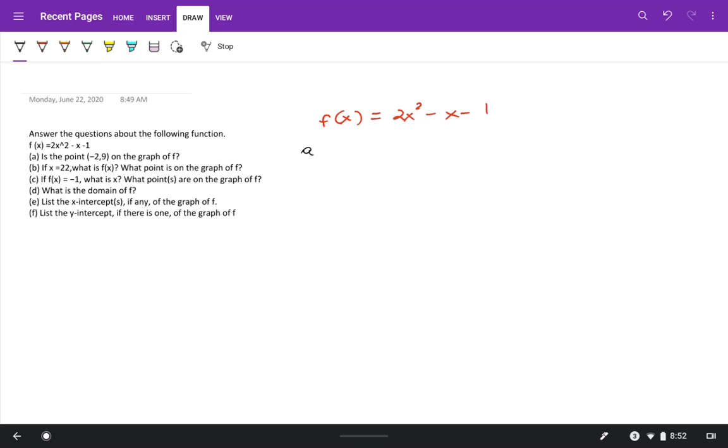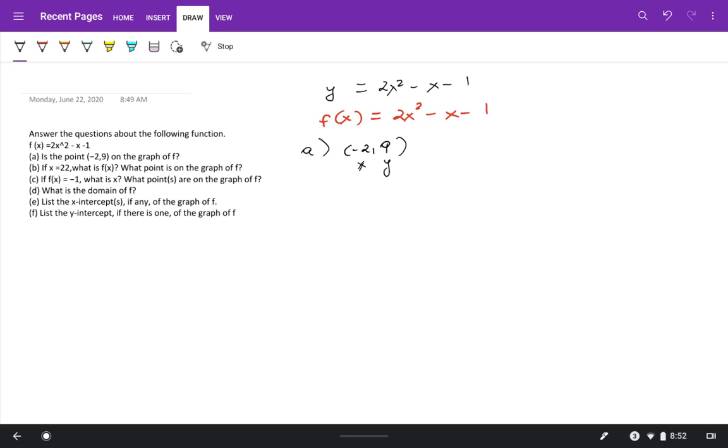So part A, they're asking you is the point negative 2 comma 9 on the graph of the function. So what you're going to do, you're going to replace x with negative 2, y with 9. Don't forget that f of x is just y equals 2x squared minus x minus 1.